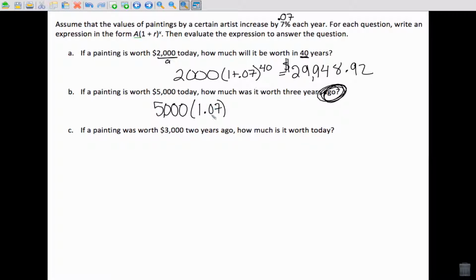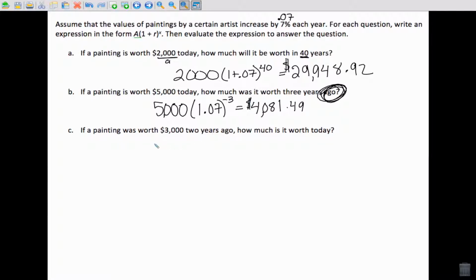I'm not going to multiply by 1.07, but I'm going to divide by 1.07 because my value is increasing, or I can use a negative exponent, so 3 years ago, and that would be $4,081.49 is what that value was.